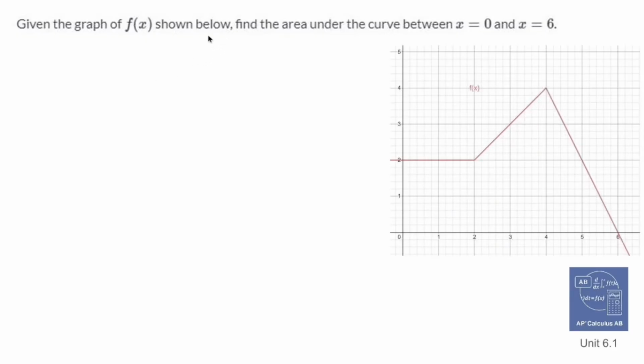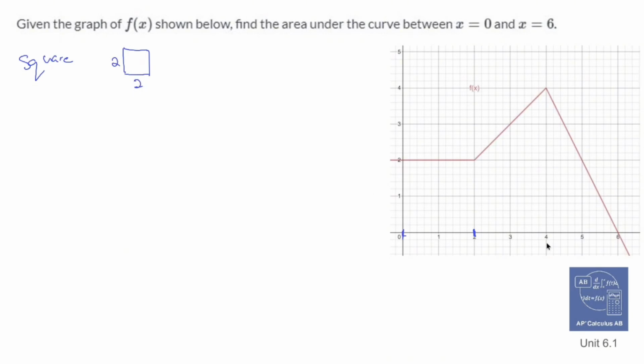Given the graph of f of x shown below, find the area under the curve between x equals 0 and x equals 6. All right, so we've got this picture going on right here, and we're going to use the idea of the additive property to find out what our three shapes are. If I have a shape from 0 to 2, what I have appears to be a square with a height of 2, length of 2, everything is 2.